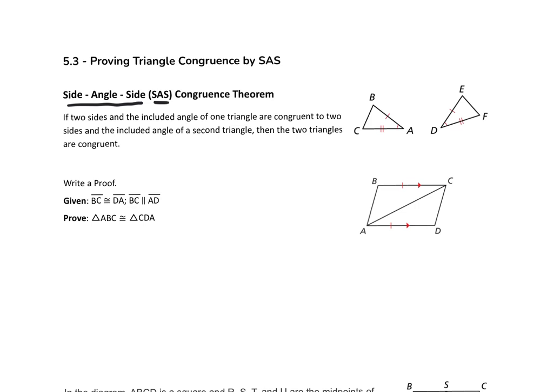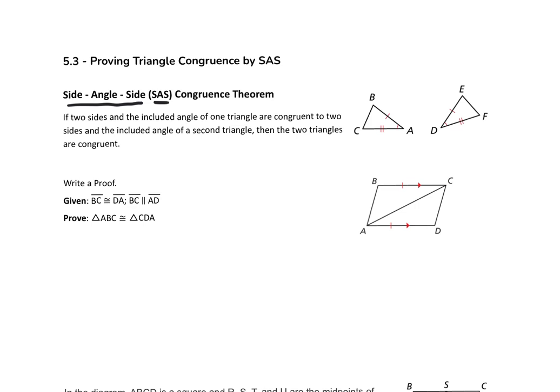And it doesn't really matter which side I would start with. I could start here and say side, angle, side, as long as it's the angle in between. If it was angle E or angle F over here, then it wouldn't be between it, right? And so then that wouldn't work. So it has to be specific pieces. But as long as both triangles have 2 sides congruent with an angle in between those 2 sides congruent, we have congruent triangles. And we don't have to prove the other 6 pieces, okay?